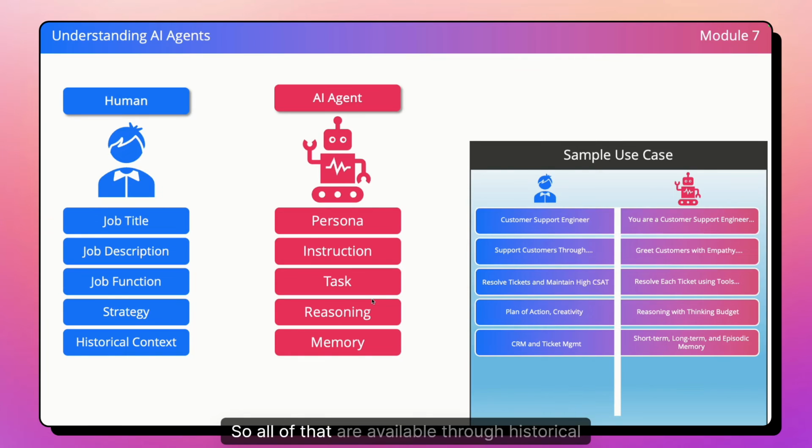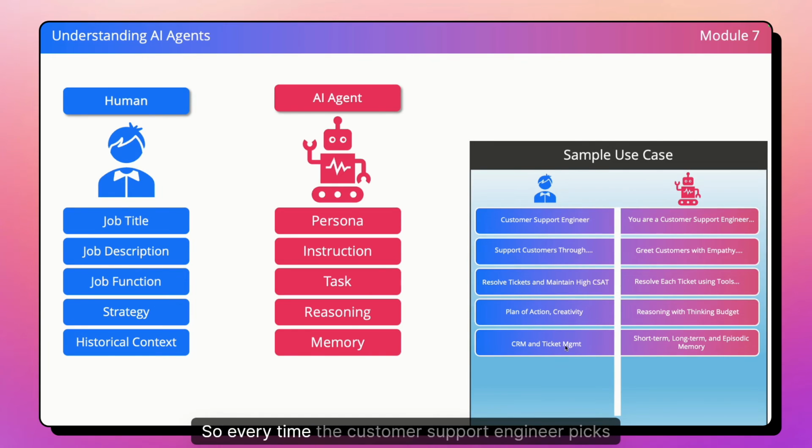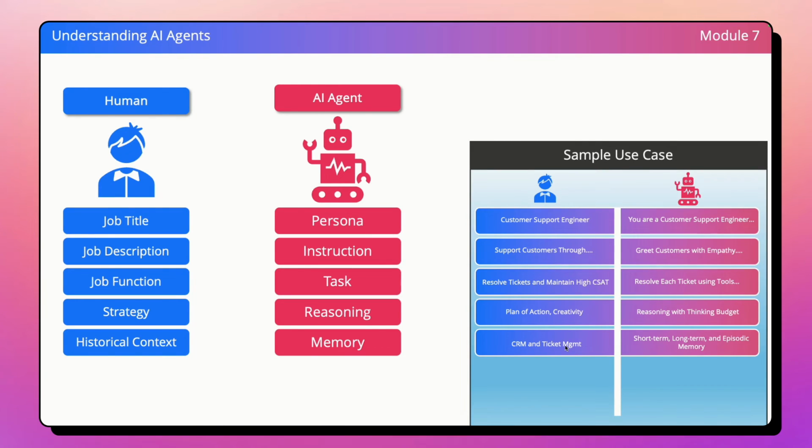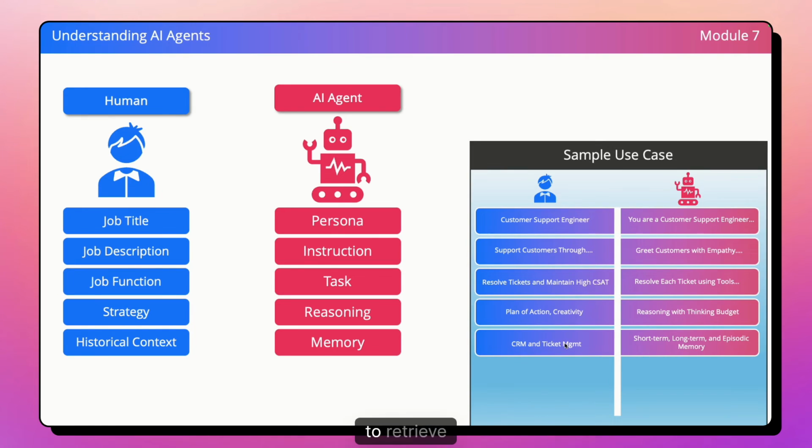All of that is available through historical context and typically stored in systems like CRM and ticket management. So every time the customer support engineer picks up the call, he'll say, can I have your customer ID or ticket ID? And then he will look up the CRM or the ticket management system to retrieve the context.